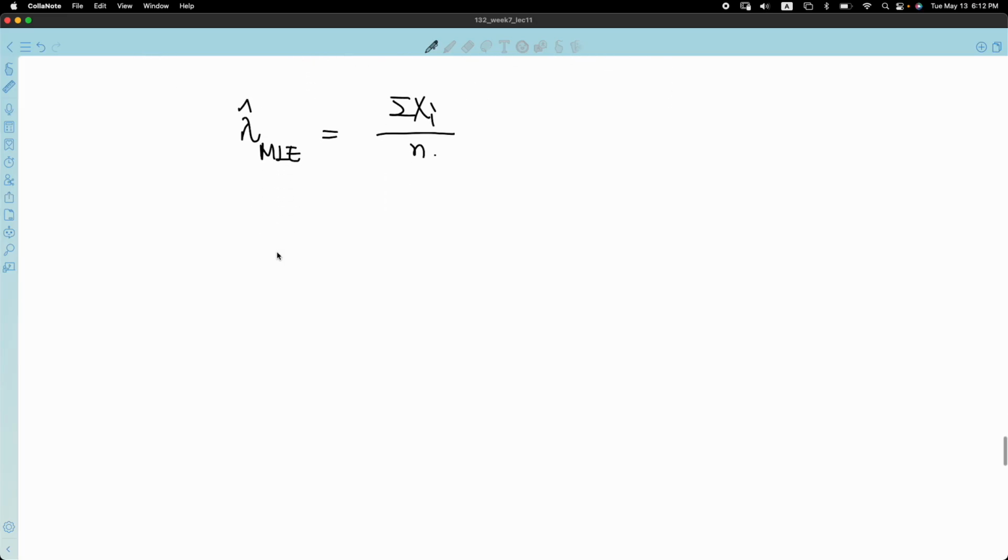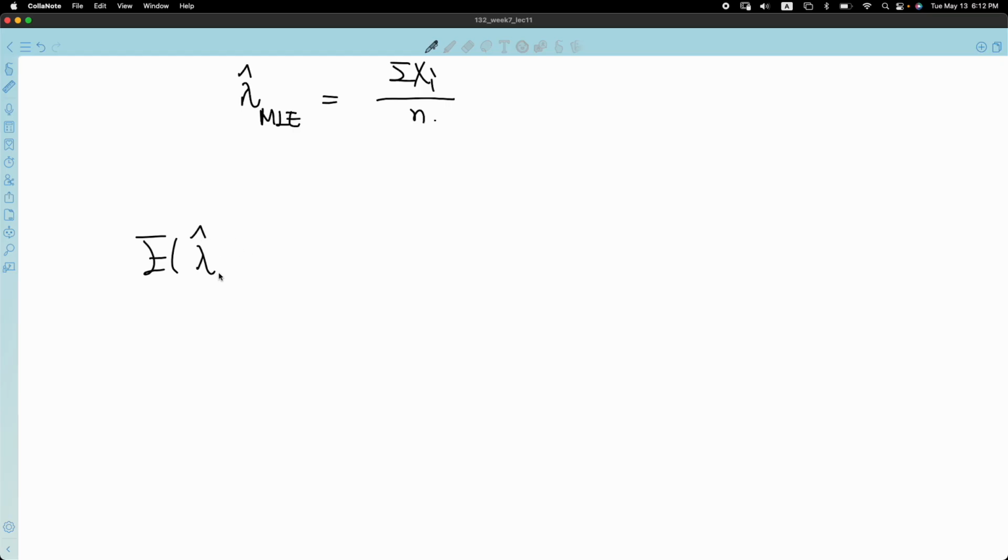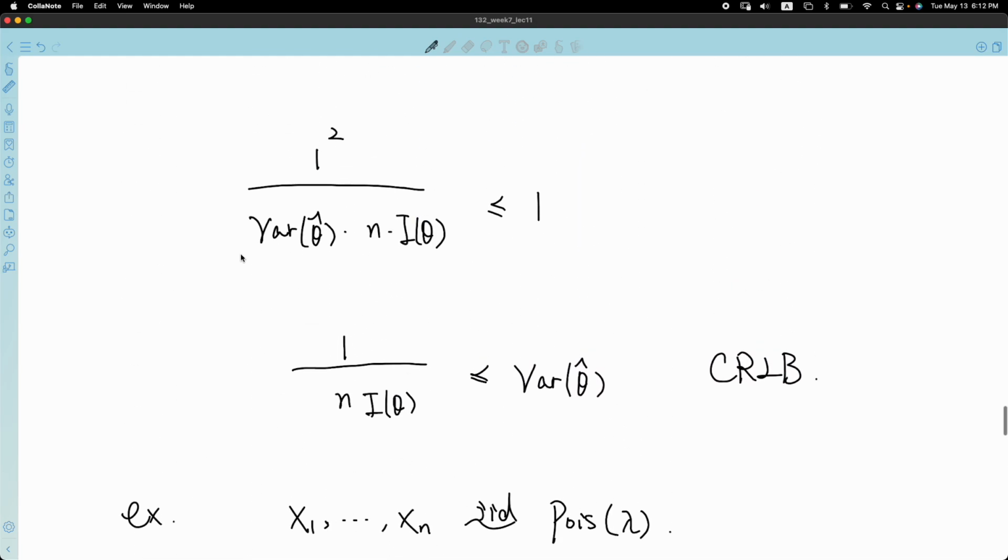So now let's examine some of the things here. Let's see if this is an unbiased estimator or not. Okay, so let's check for unbiasedness. So we need to check whether the lambda MLE here. And also one thing I want to comment is that theta here is a generic notation for a parameter.